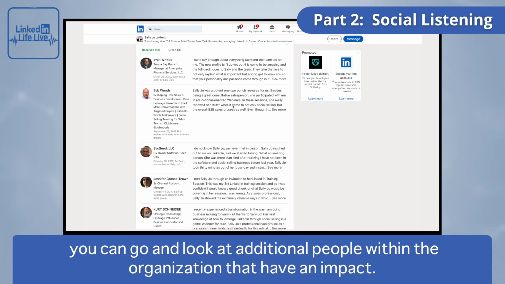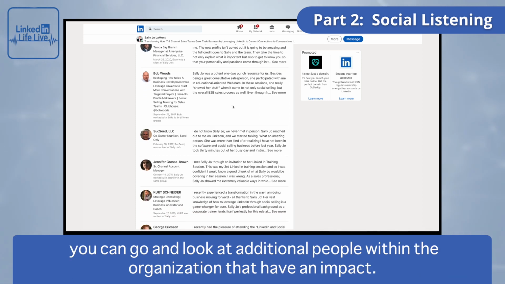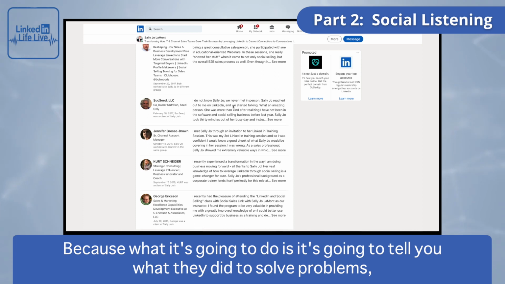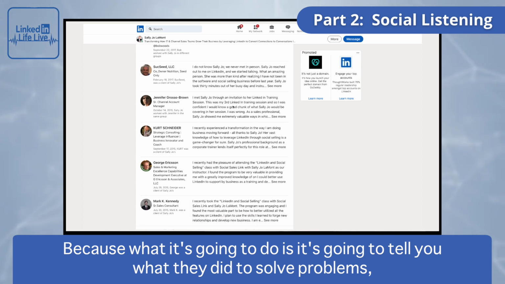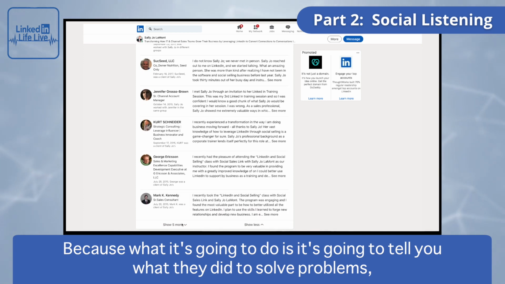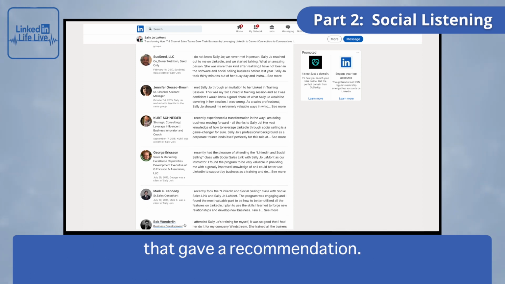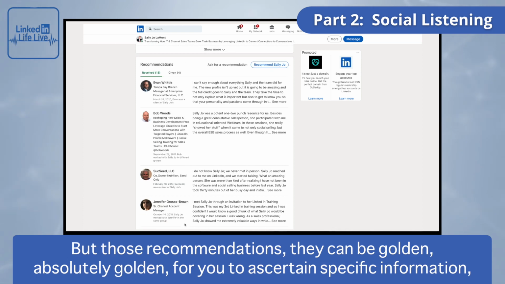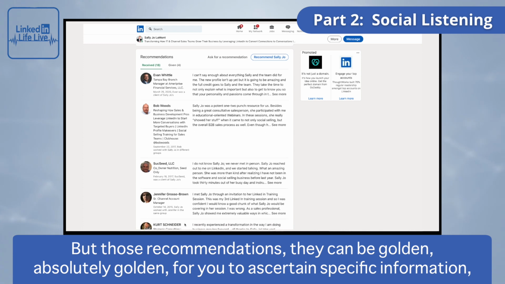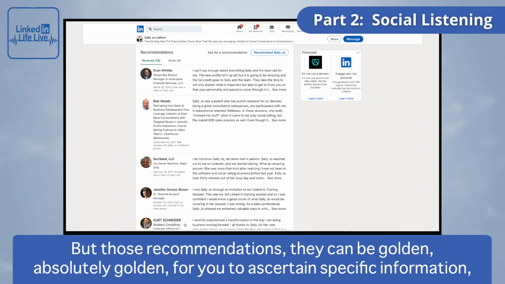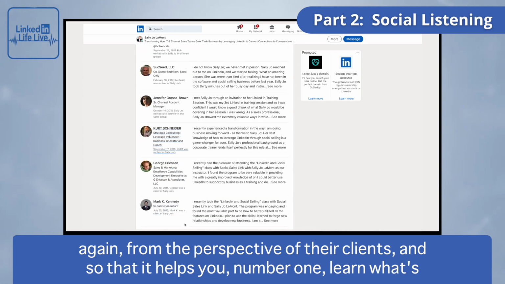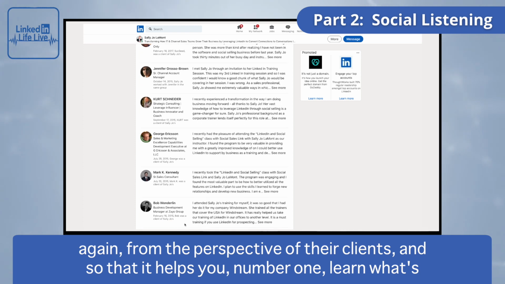You can go and look at additional people within the organization that have an impact, because it's going to tell you what they did to solve problems and how the customer valued them, especially if these were customers, or maybe other vendors that gave a recommendation. But those recommendations can be golden, absolutely golden, for you to ascertain specific information from the perspective of their clients.